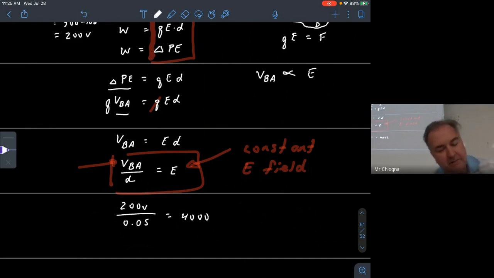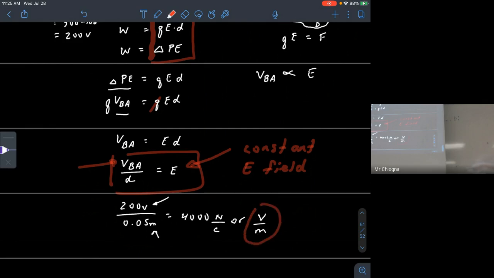I think that's right. What's the unit? Newtons per coulomb, or what's the unit here? The unit here is volts, and the unit on the bottom is meters. So this becomes an alternative unit for electric field, volts per meter.